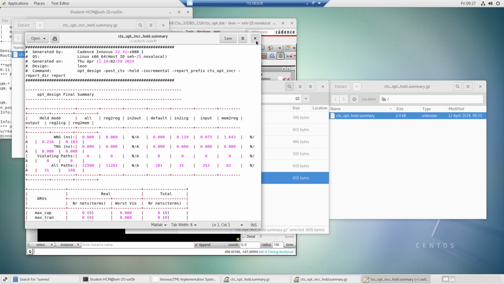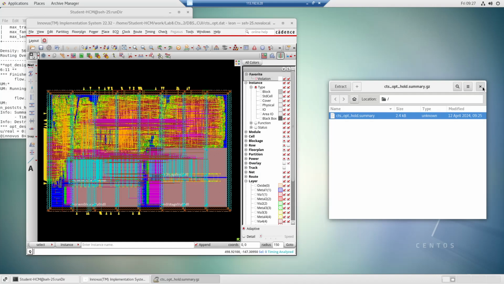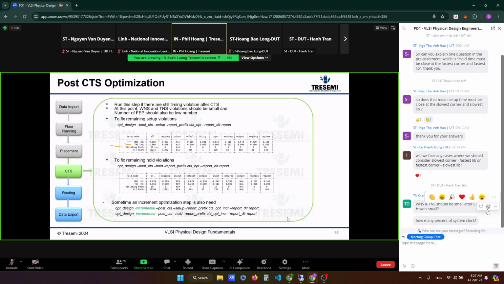But if you have like 1 million paths and 200,000 violating paths, you need to work harder during this stage, because the further you go from CTS to post CTS to route to post route, the further you go to the right, the harder it is to fix timing. So you want to do shift left, meaning fix timing violations as soon as possible.